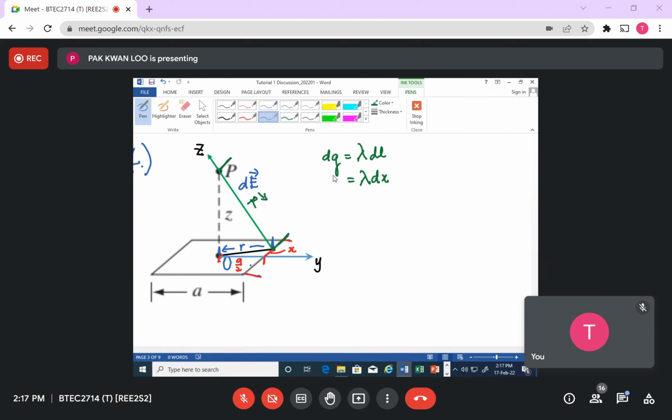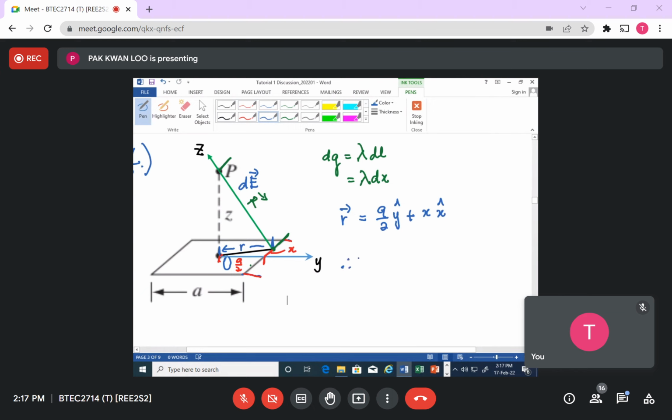So for small r in vector form, small r is equal to a over 2 y cap plus x cap.